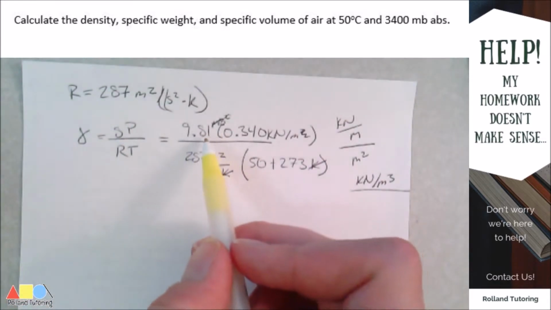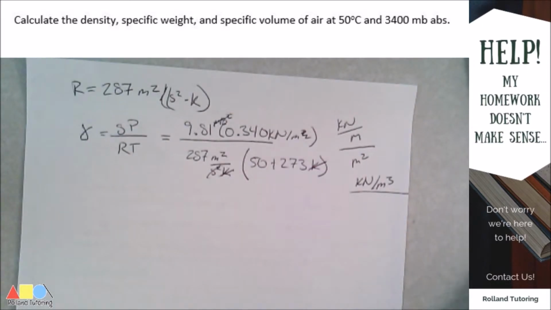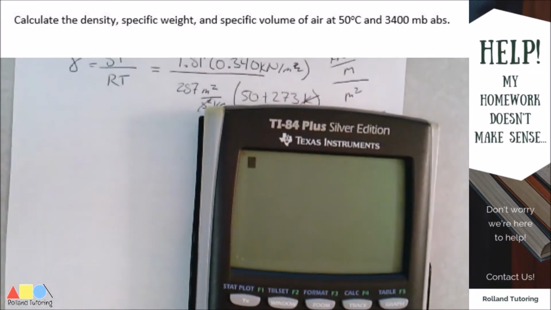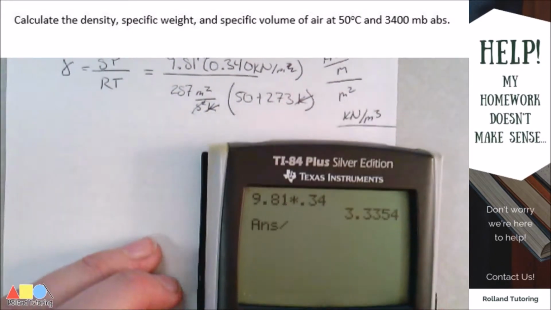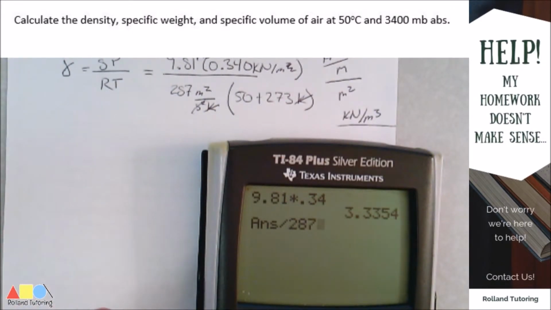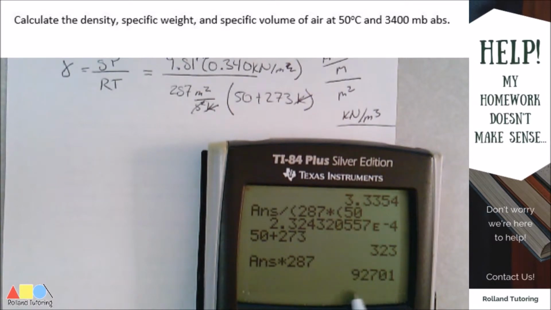Now we can go ahead and do the math of 9.81 times 0.34 divided by 287. Get our parentheses in here. 287 times 50 plus 273, and that's why you need parentheses, so make sure you use them. So I'll do 50 plus 273 times 287, and that'll be our number on the bottom.